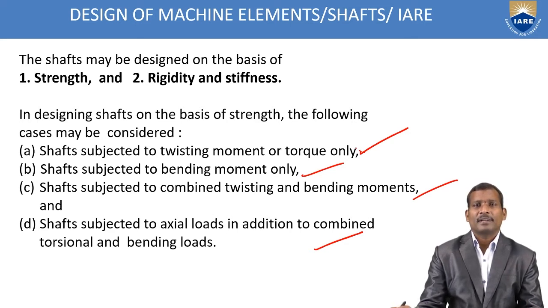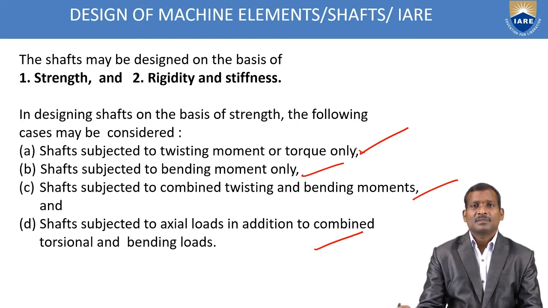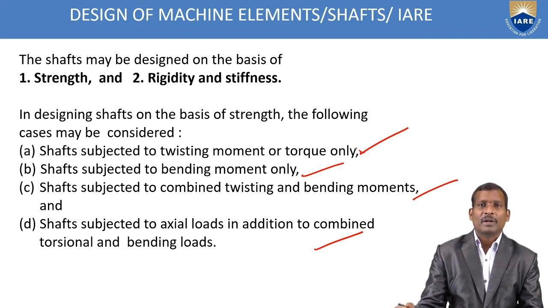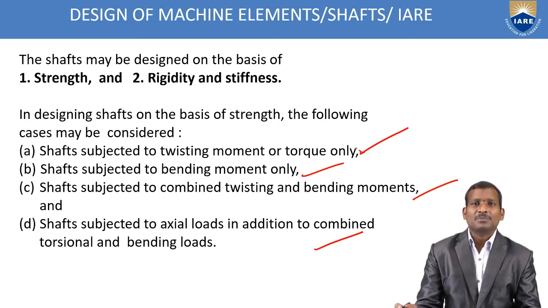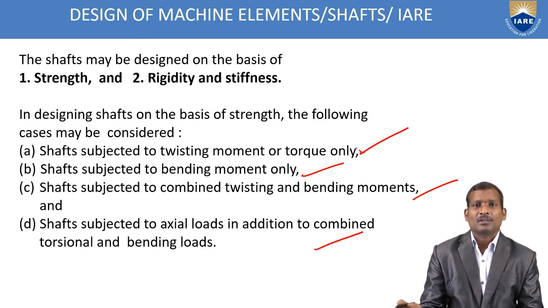So how to design a shaft while it is subjected to bending and torsion. Similarly, the fourth one, in addition to the torsion and bending moment, another axial load also sometimes acts on the shaft. All these things one by one we will discuss. First we will take the shaft subjected to twisting moment or torque.